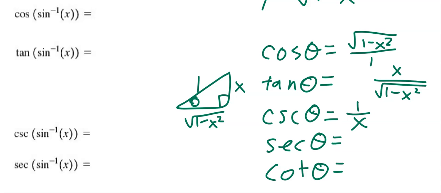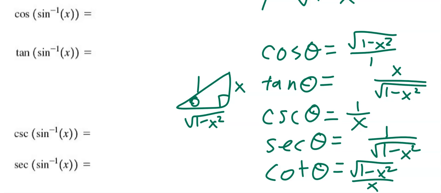Secant. Yeah, we're flipping stuff, aren't we? How about that cotangent? Square root of 1 minus x squared all over x. Awesome. That making sense? We're just using our basic knowledge of SOHCAHTOA.